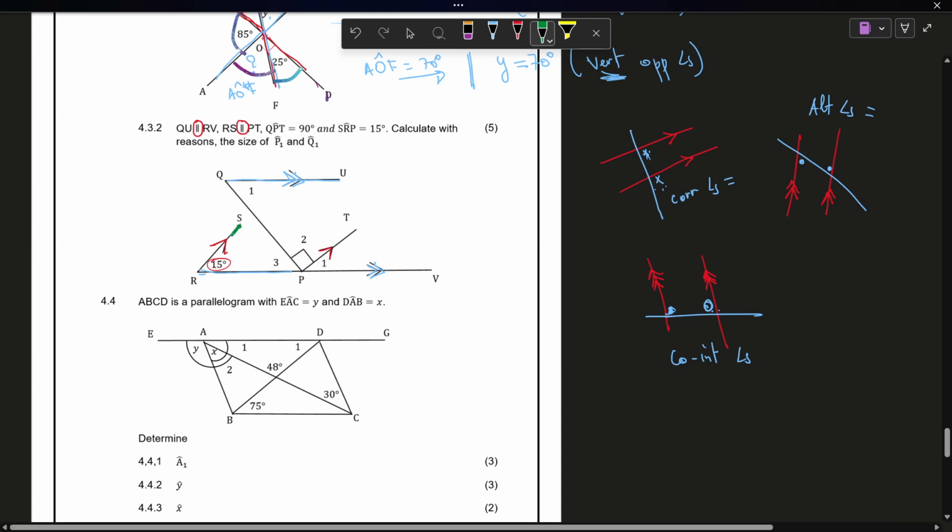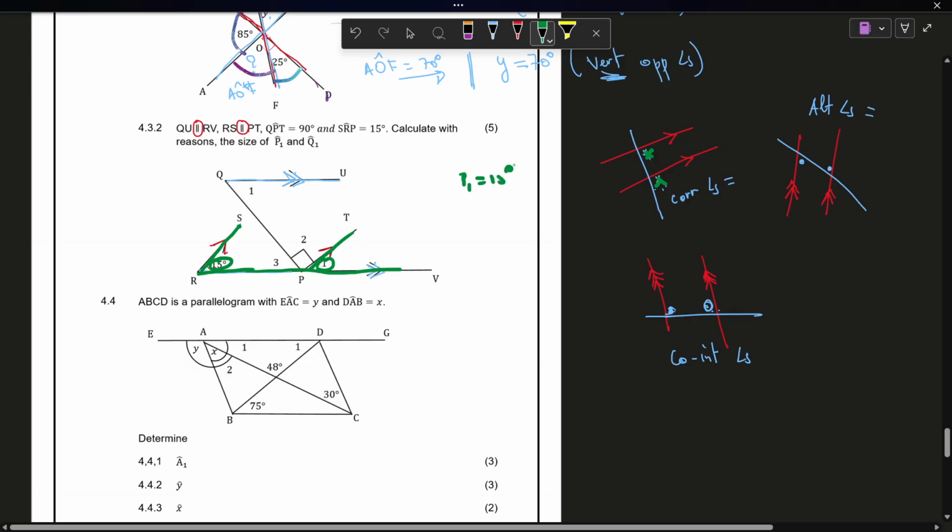Can we see an F here? So whatever is inside there, the F. Can you see that 15? If I have 15 here, P1 should also be 15. So P1 equals 15 degrees.